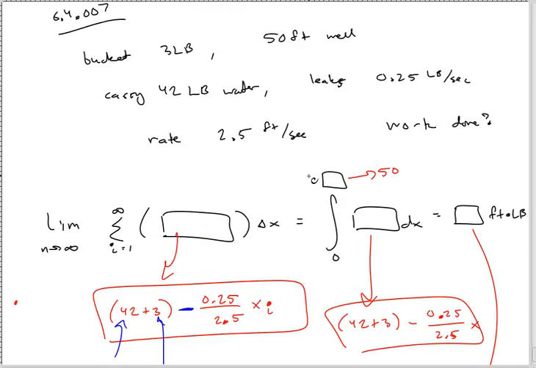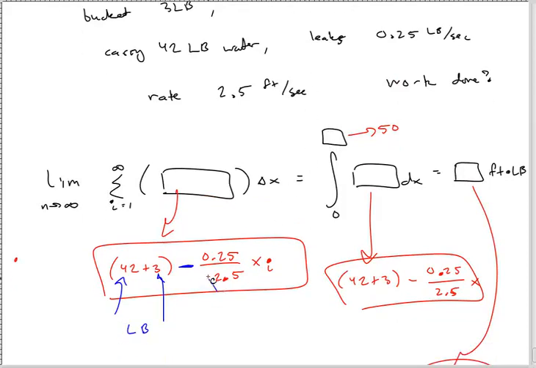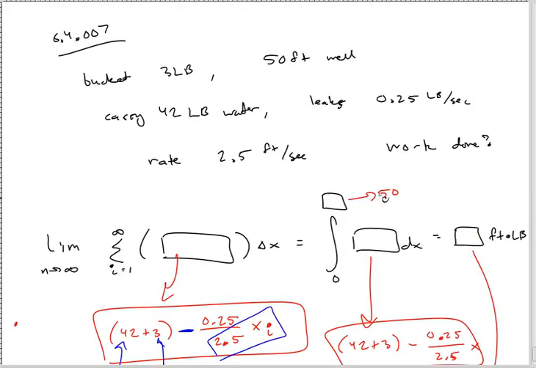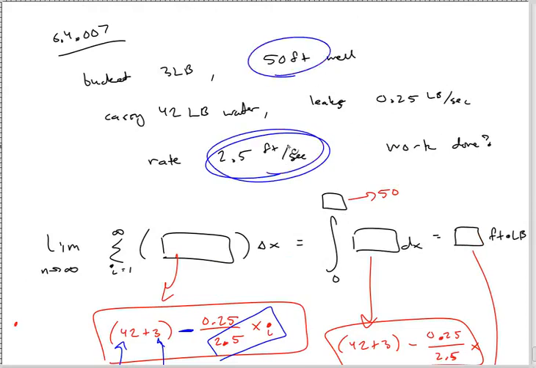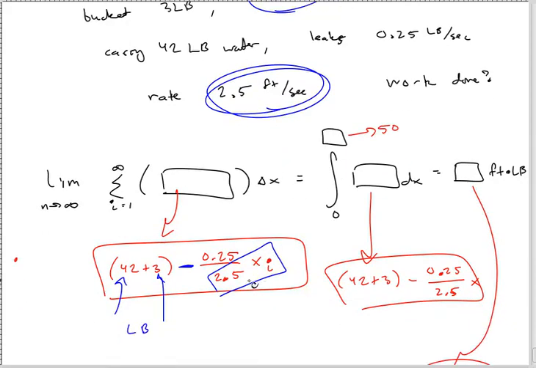So where does that 50 come from and all that stuff? Well, for the well, basically here out of these guys, we got our rate here, and then with our feet. No, I'm sorry, this one. This is our rate here and our feet. If you mush these together, what you end up with is seconds. So this actually yields seconds. And then this one here is pounds per second.